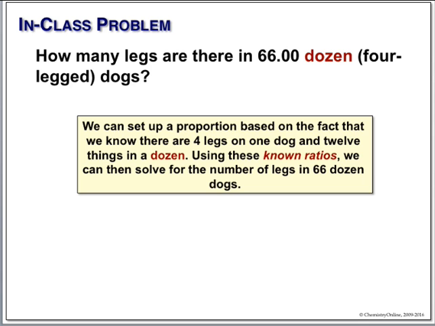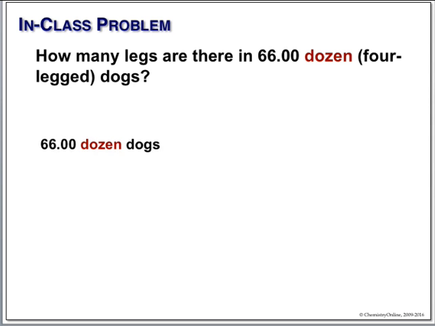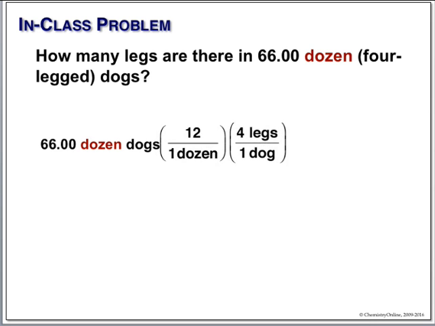And every dog, by definition, is going to have 4 legs. So we could set this problem up this way. Start off with our number of dozens of dogs. Next, we need to convert dozen into an actual number. We can do that with the simple ratio, 12 things in 1 dozen. We also need to remember that there are 4 legs in every dog. So, dozen is going to cancel. Dog is going to cancel.